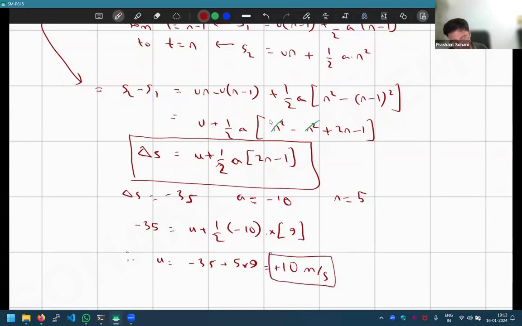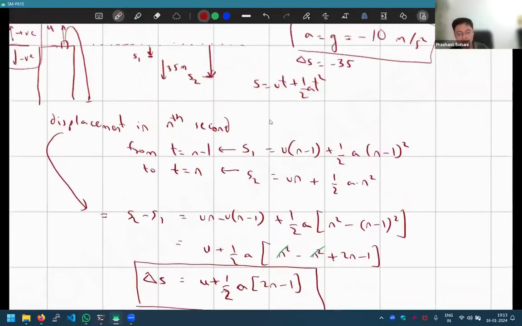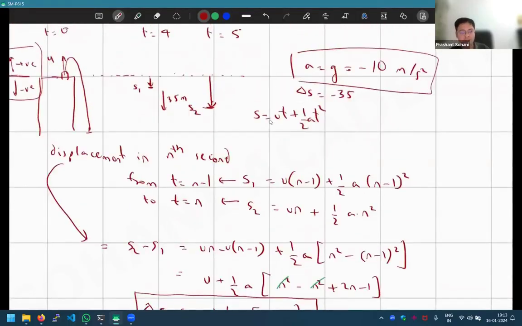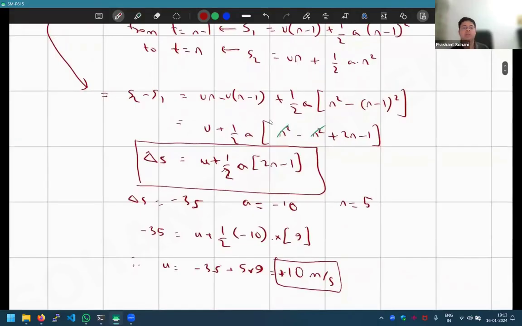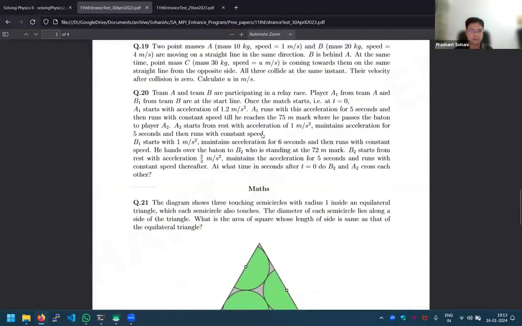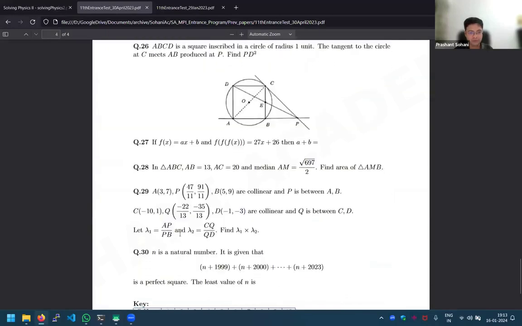So I'm going to get u is plus 10 meter per second. Okay. And in this case, the step three of interpreting this back in the original question is not that relevant. Only point is that the value, magnitude, and the sign you are getting is positive, which matches the picture, right? Because initially u is thrown in the upward direction. So we expect the value of u to be positive. So that is correctly matching here. That is the only thing to be confirmed. Okay, let me just check if the answer is correct. Yes, it is done.